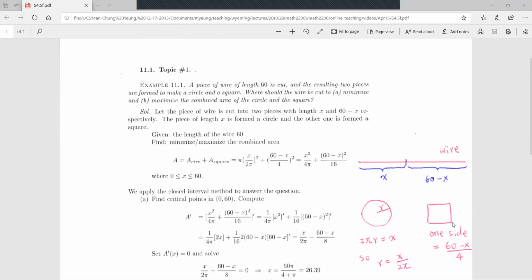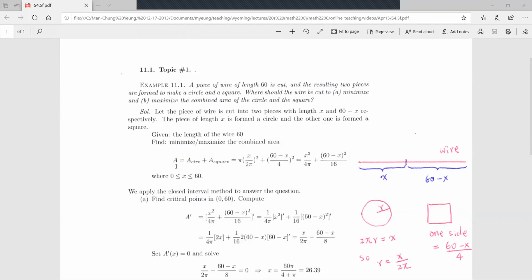The perimeter of this square is 60 minus x. So one side of this square is (60 minus x) divided by 4. Okay, now with this information, we can tell the combined area. What we need to find is minimize and maximize the combined area.